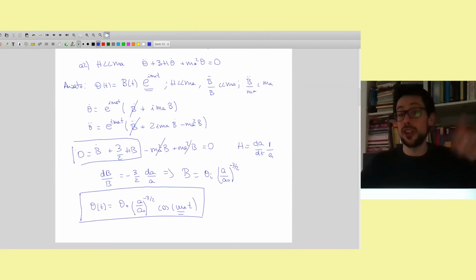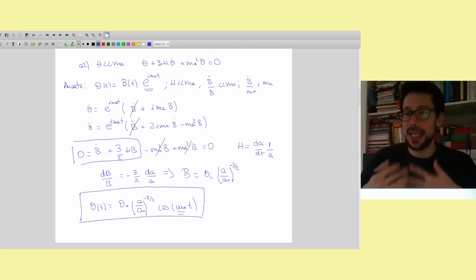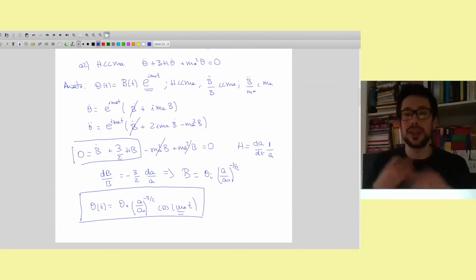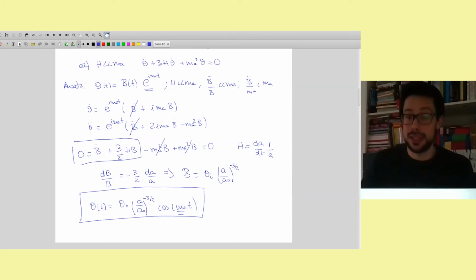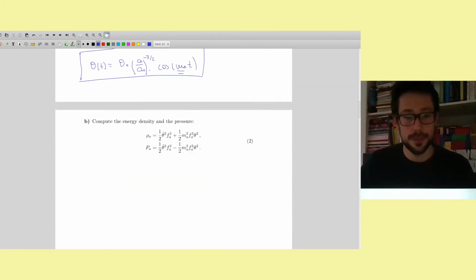This means that the axion is oscillating pretty fast, and effectively in terms of energy density and pressure, what we are interested in is in the average over many oscillations.